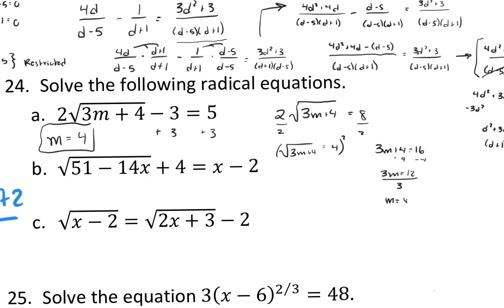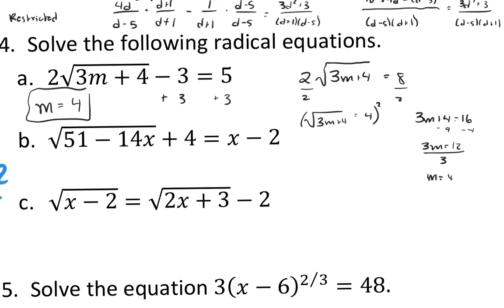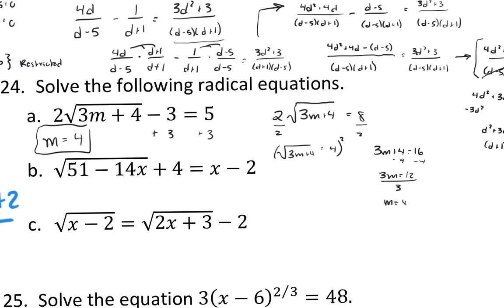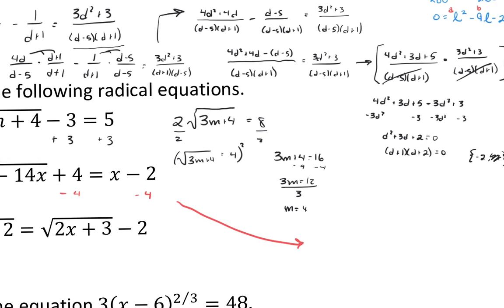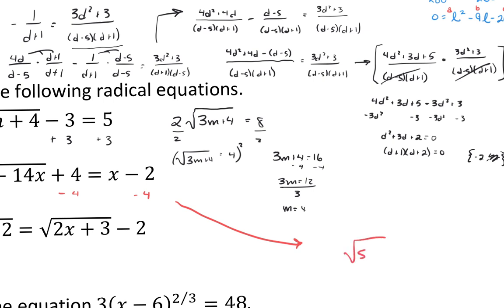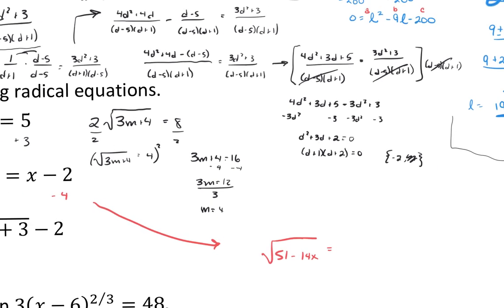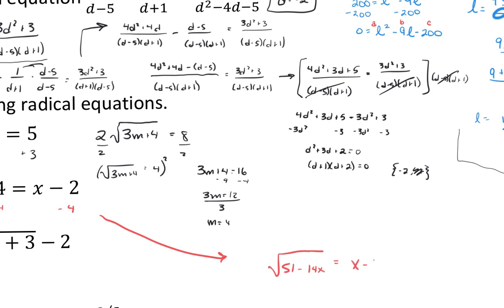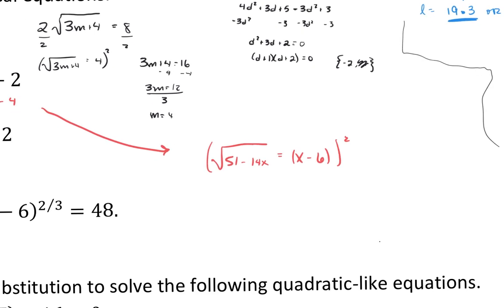From there, now for this next one, we want to go ahead and solve for x. So I guess what I'm going to do first is go ahead and subtract a 4, minus 4. That's going to give us the square root of (51 minus 14x) equals x minus 6. Now again, to get rid of that square root, we want to square everything. So on the left-hand side, it'll be nice and easy, 51 minus 14x.